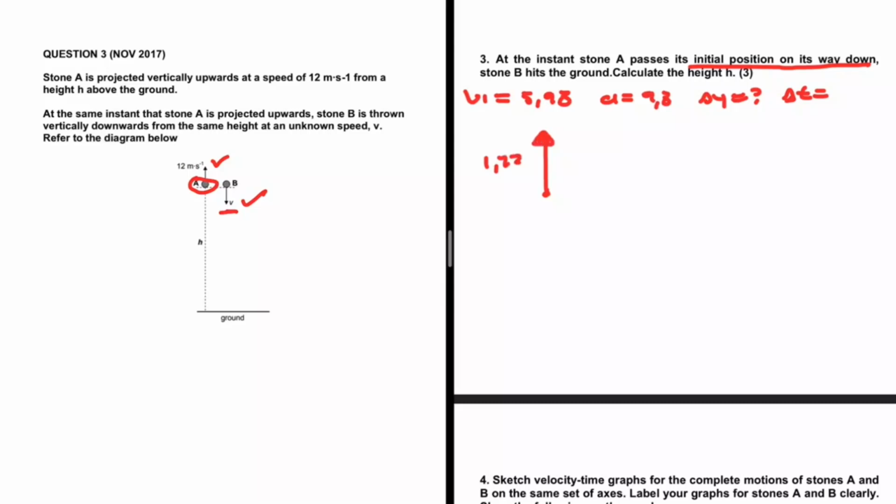It will take 1.22 seconds to go from the maximum position to the initial height once more. So the time taken for the entire motion is 1.22 multiplied by 2. And we know full well that that is the time taken by stone B to strike the ground, as stone A passes its initial position on its way down, stone B strikes the ground.